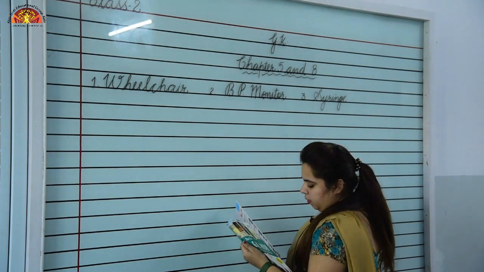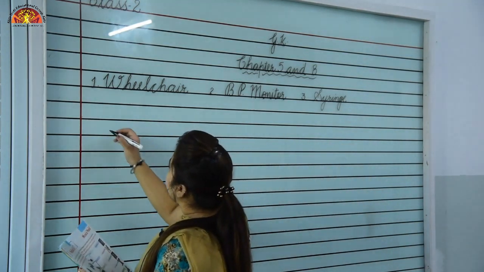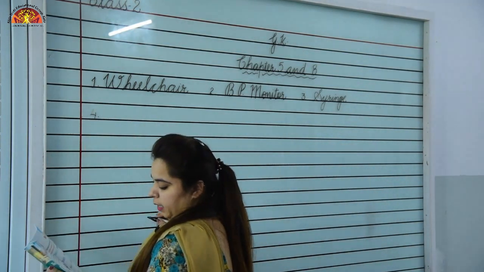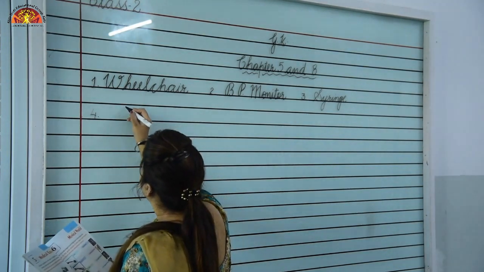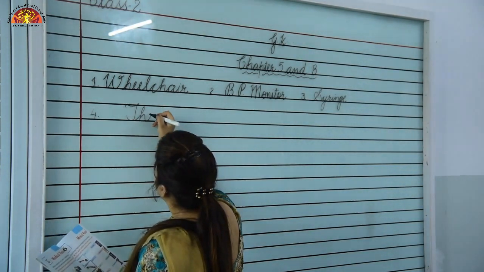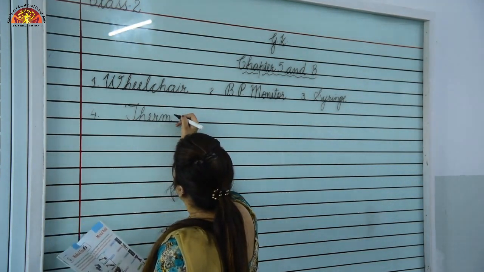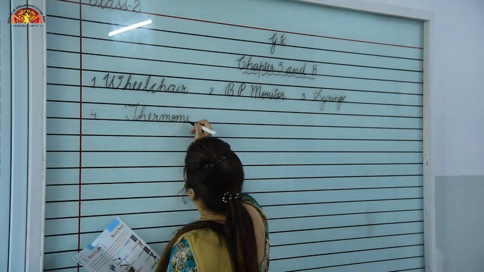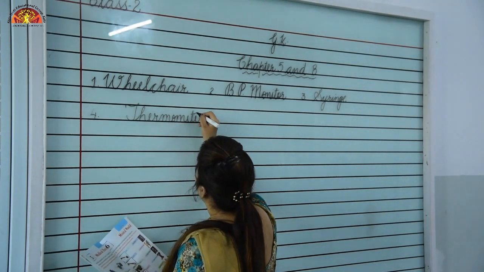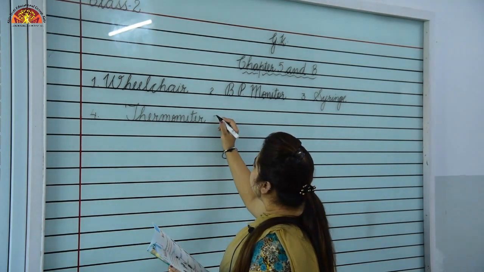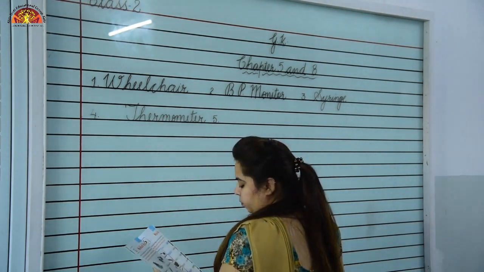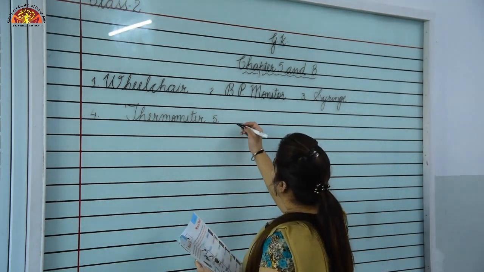SYRINGE. Number 4, it's thermometer. THERMOMETER, thermometer. Number 5, stethoscope.